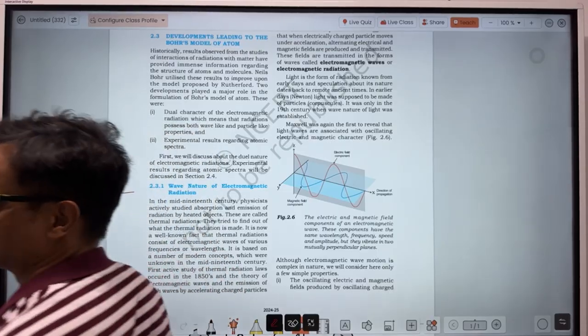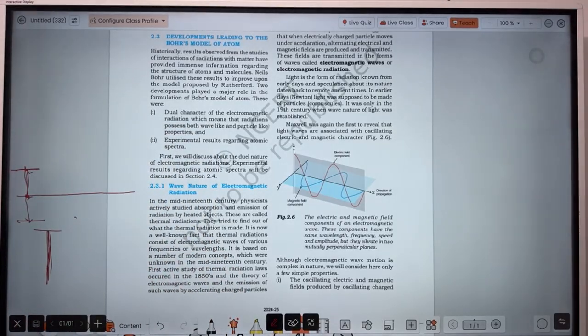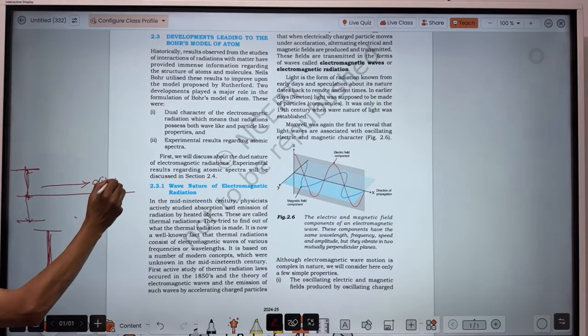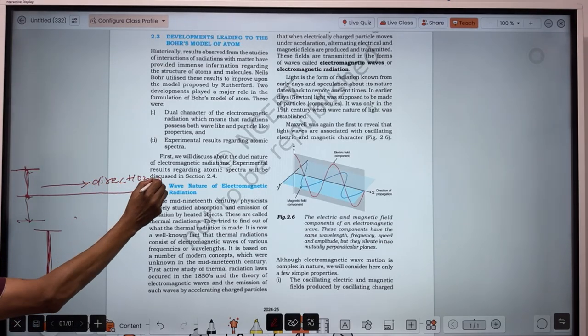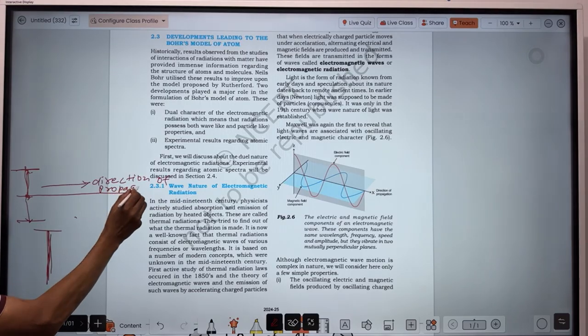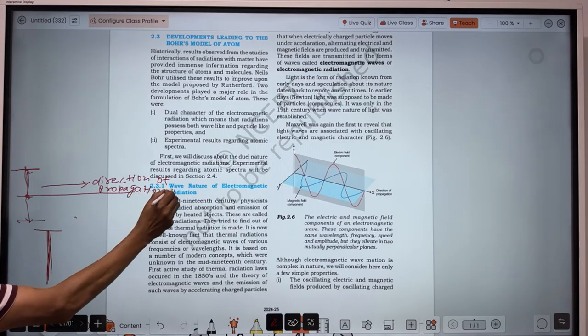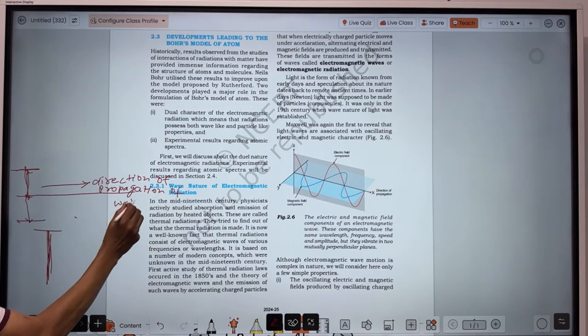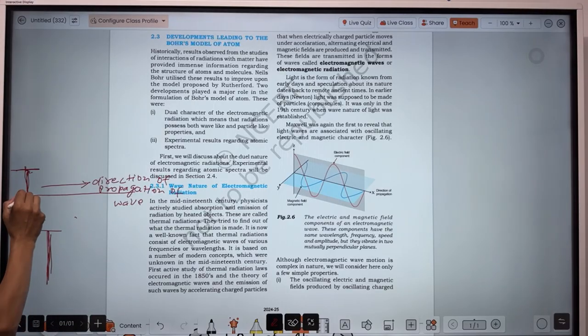So this will be called amplitude. Amplitude is the maximum point to which the wave can go above and below. And the wave will propagate in this direction, so it is the direction of propagation of the wave.